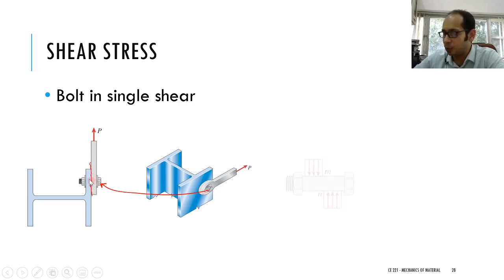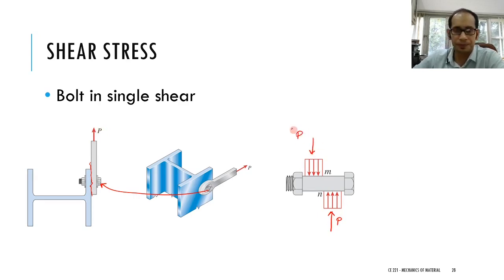Now if you take this bolt and draw the free body diagram, you have this particular force acting. The equivalent force is P, and you must have an equal and opposite force P at this particular point. Again, the line of failure is this particular line over here.